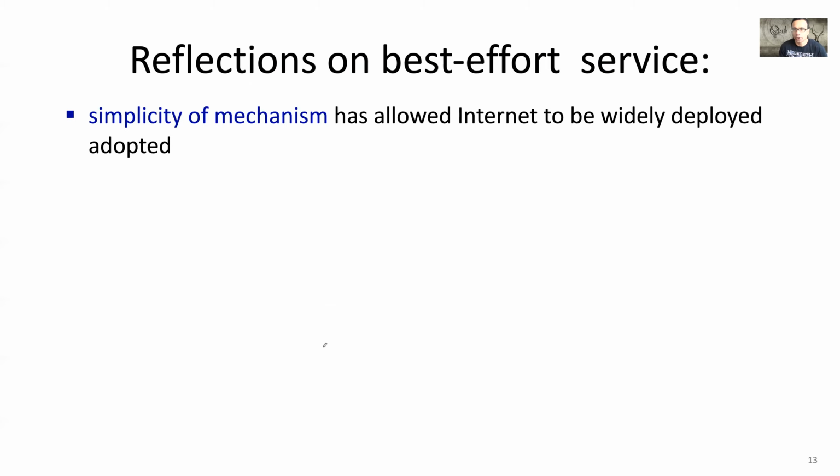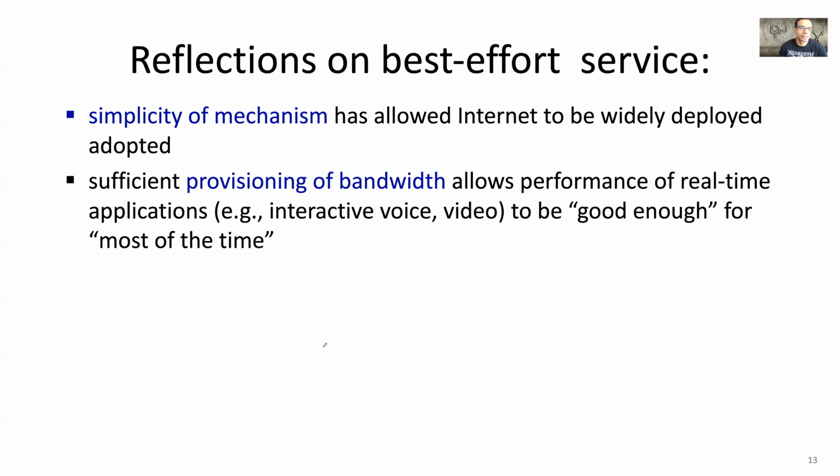The whole point of having this best effort model has allowed us to simplify the routers. So the routers can exclusively focus on forwarding packets as fast as they can, which at least provides some notion of low latencies. One way to tackle congestion issues is to over provision the network.